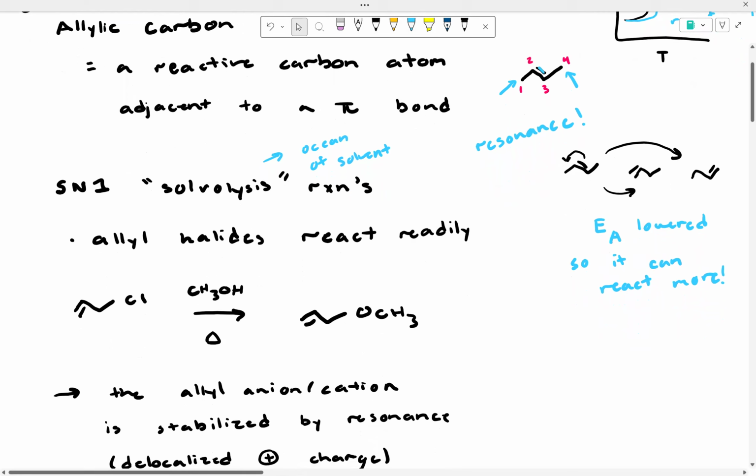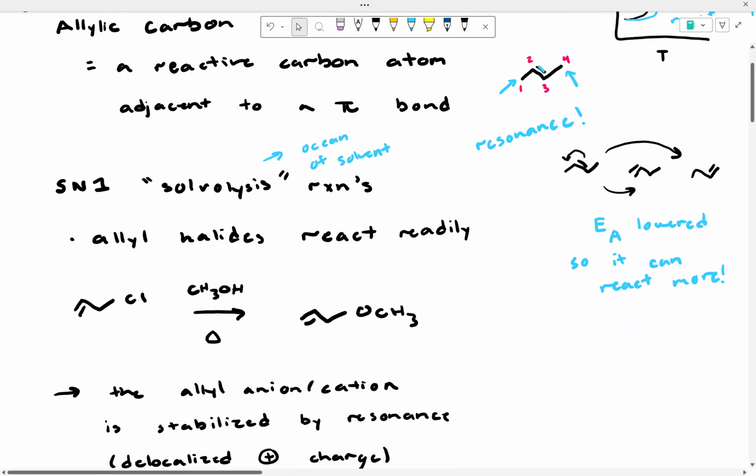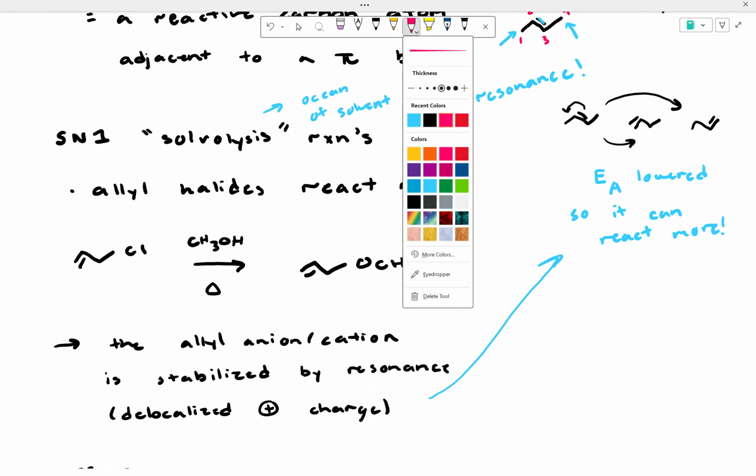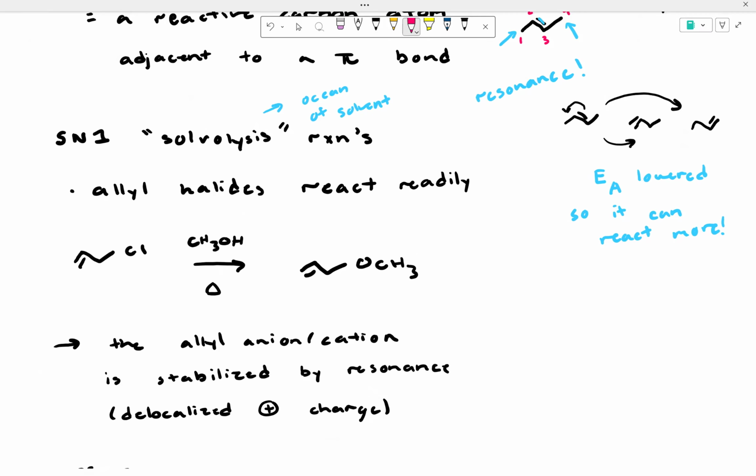And then I've written here that allylic halides react readily, and that's an example of a reaction. The allyl carbocation is stabilized by resonance because there's a delocalized positive charge, which I explained before. So then let's draw what's happening in this reaction.